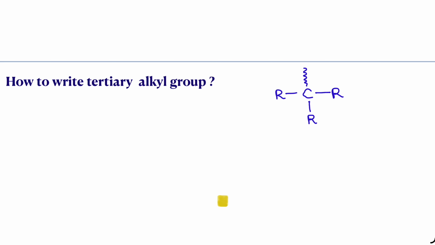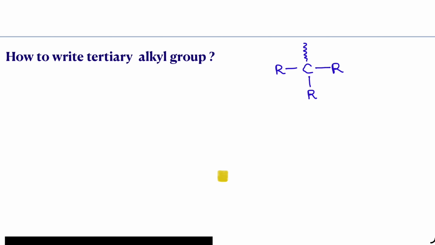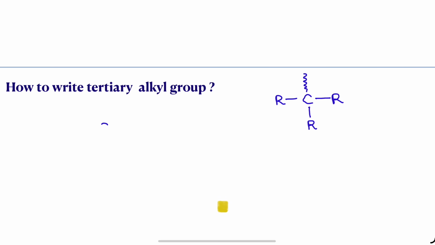If you want to write the tertiary butyl group, this is the carbon. Butyl means 4 in total. Already one carbon is written here, so 4 minus 1 is 3. So methyl, methyl, methyl, like this. This is tertiary butyl.